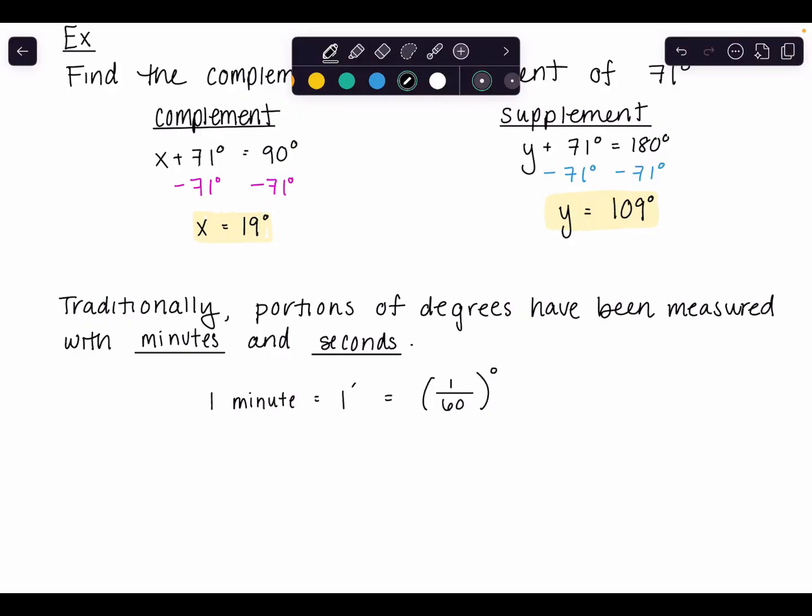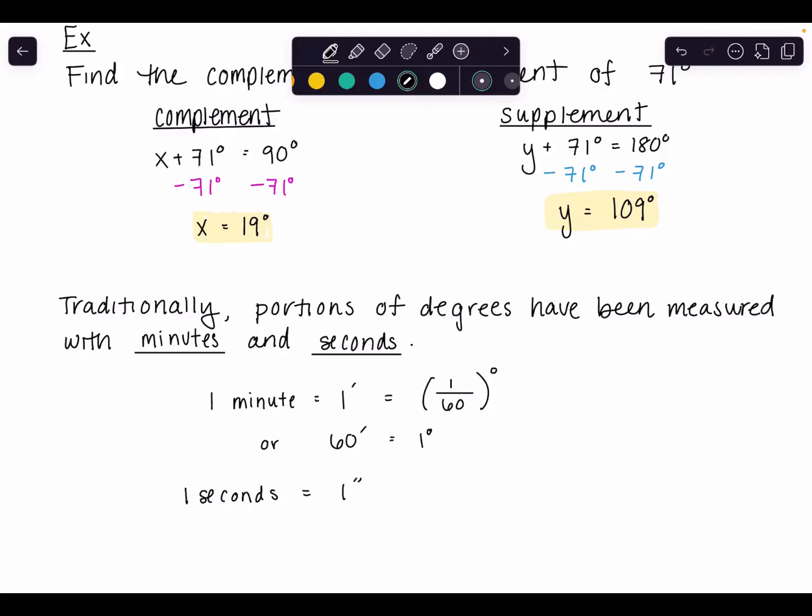But the easier way to think about this is if you have 60 minutes, that's equal to 1 degree. Okay? So 60 minutes make up a single degree, so I can break down a degree into smaller pieces. When we then talk about seconds, we're going to use 2 tick marks.